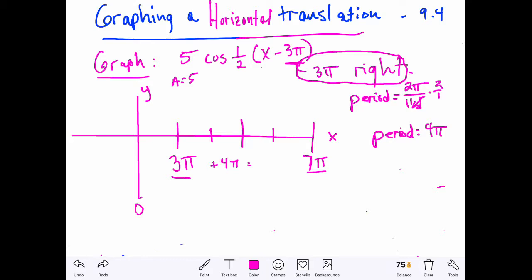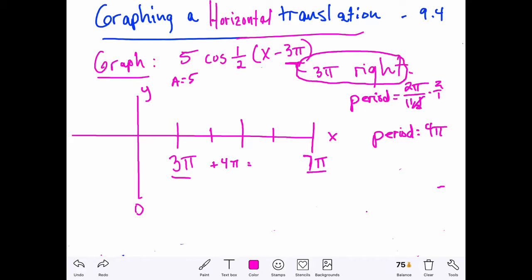And then I'll do the same process along that line. Okay, but in this case, we don't have a vertical translation. We just have the horizontal translation, an amplitude of 5, or vertical stretch of 5, and a period of 4 pi, which was a horizontal stretch by a factor of 2.